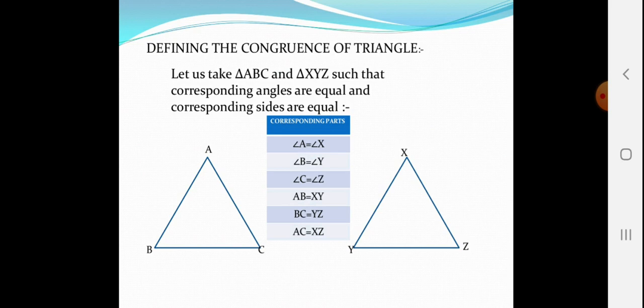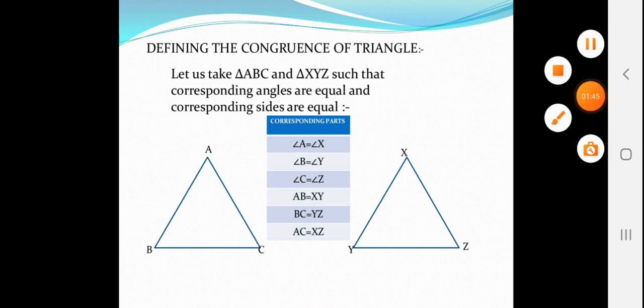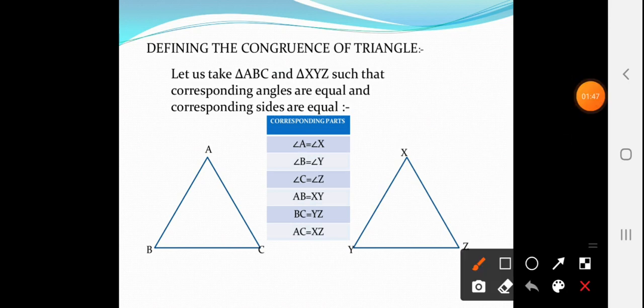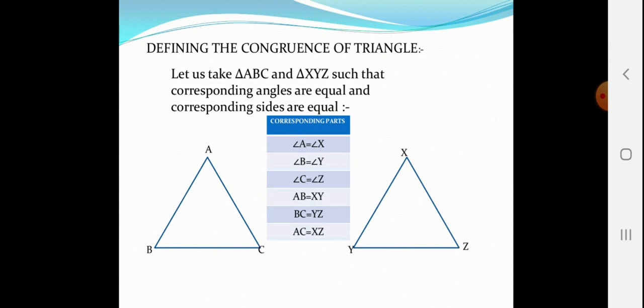So angle A is equal to angle X, angle B is equal to angle Y and angle C is equal to angle Z. And you can see that AB is equal to XY, BC is equal to YZ and AC is equal to XZ, right? So we can say that triangle ABC and triangle XYZ are congruent with each other.